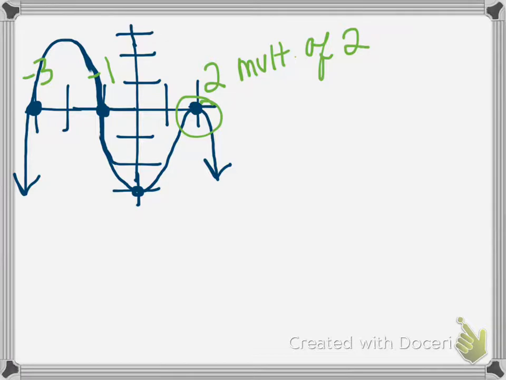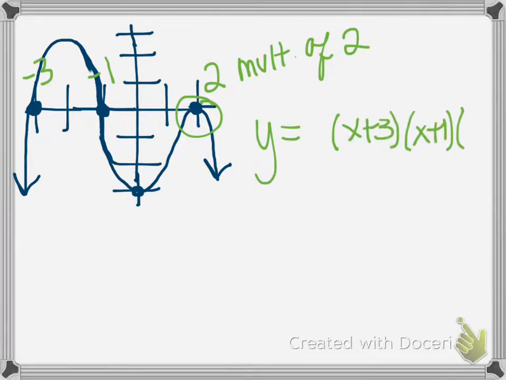So I'm going to write y equals x plus 3, x plus 1, and then x minus 2 squared. Now, what we're forgetting about is our leading coefficient. We don't know what that is.